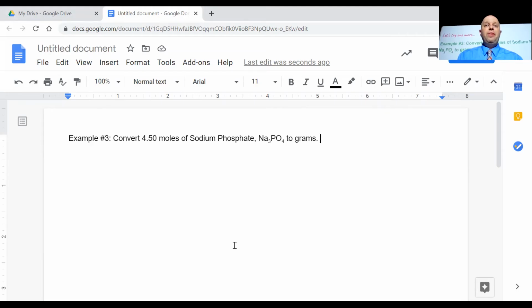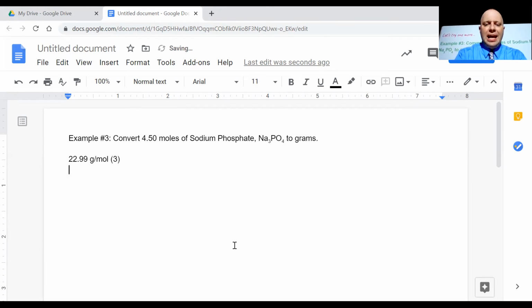So I wanted to do my third example as a shared screen, so you could see exactly what it should look like as you type it in. So for the first part, we have Na3PO4, our sodium phosphate. So I'm going to take 22.99 grams per mole of sodium, multiply that by 3.